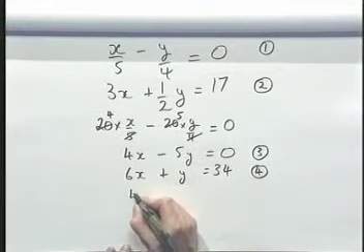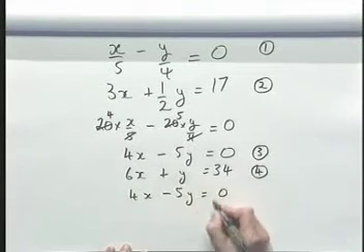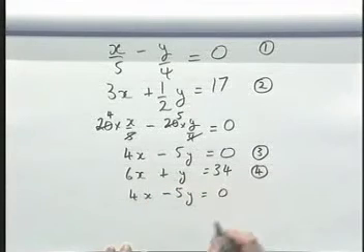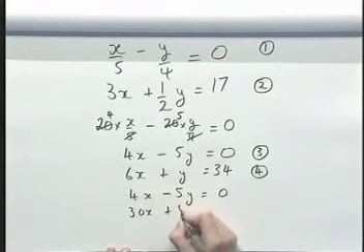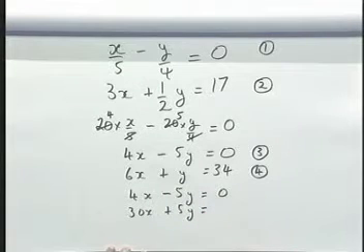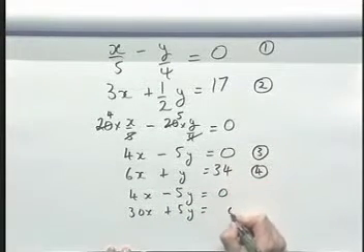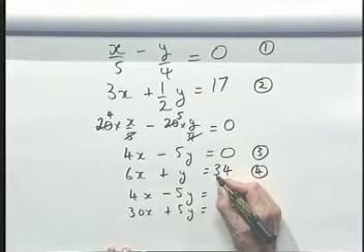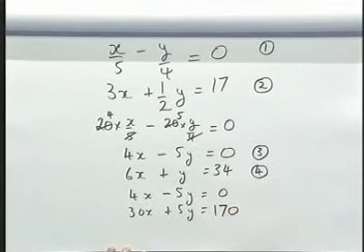So let's do that. 4x minus 5y equals 0. And then timesing this by 5, 30x plus 5y equals, and then we do this by 5, 5 4s are 20, 0 down and 2 to carry, 5 3s are 15, and the 2 is 17. So that gives us 170.